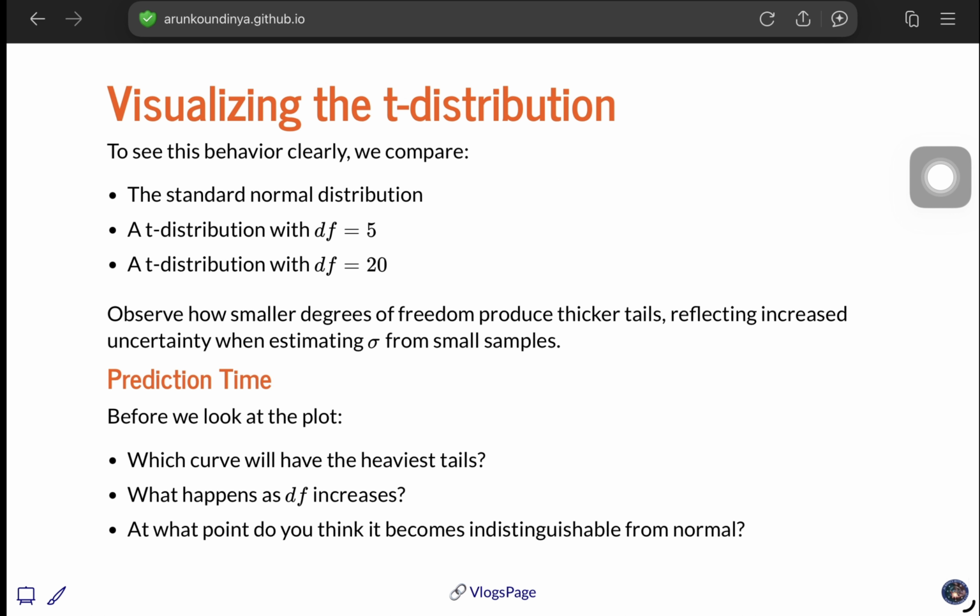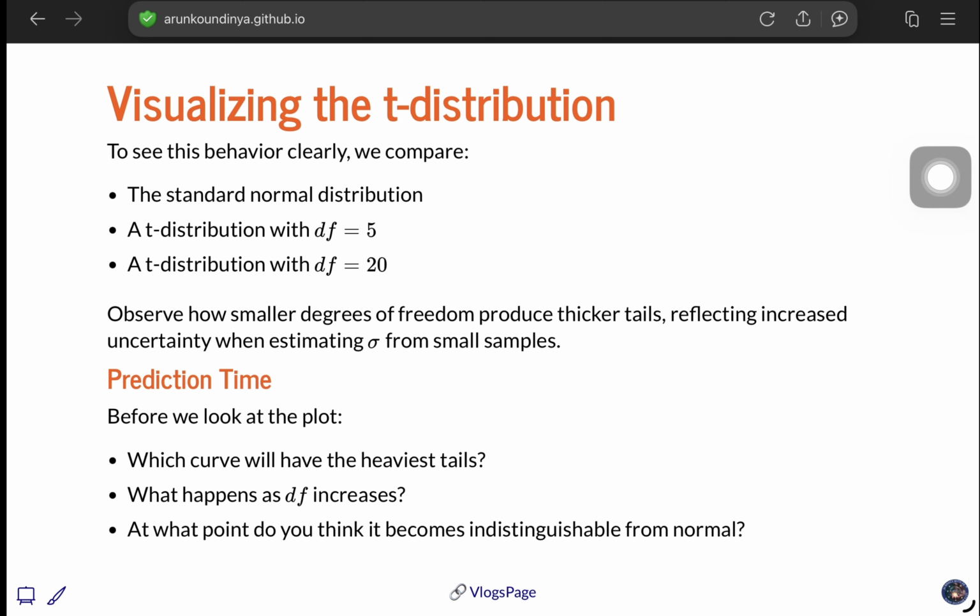Now, I have given you that visualization, but before jumping into the next slide, think about this. You know about the standard normal distribution, and think how it looks when the t distribution has degrees of freedom of 5, and also a t distribution with degrees of freedom equal to 20.